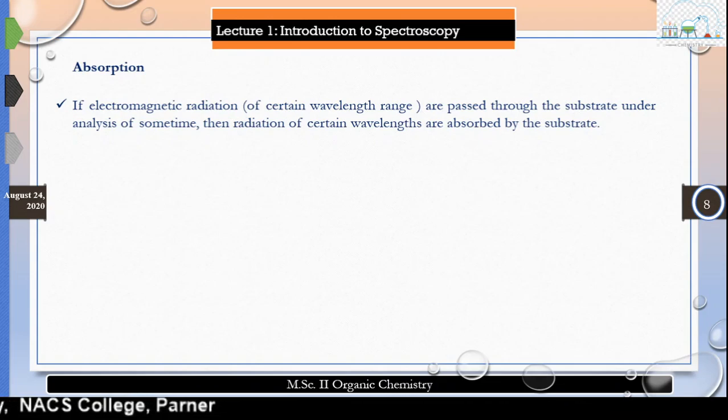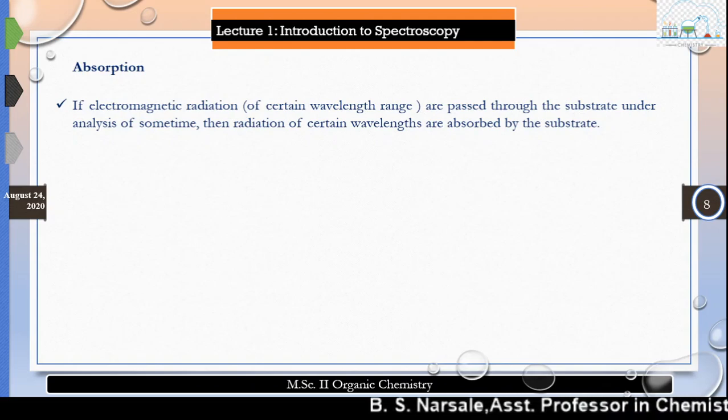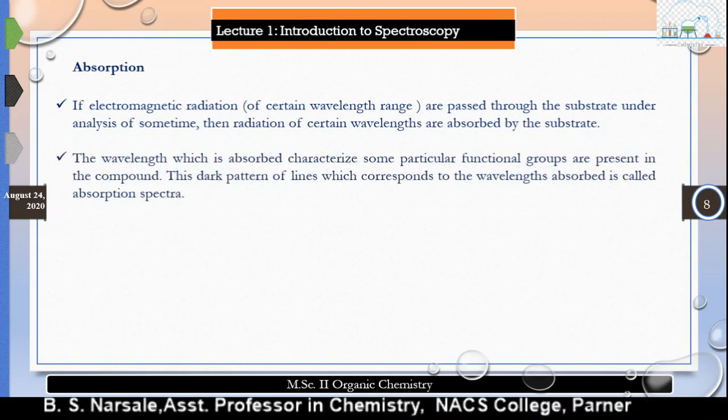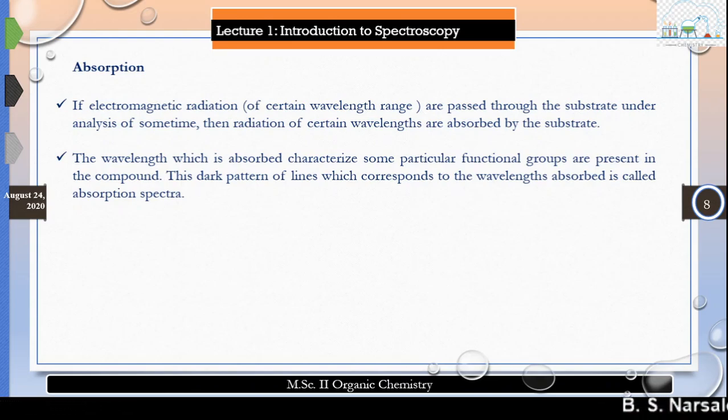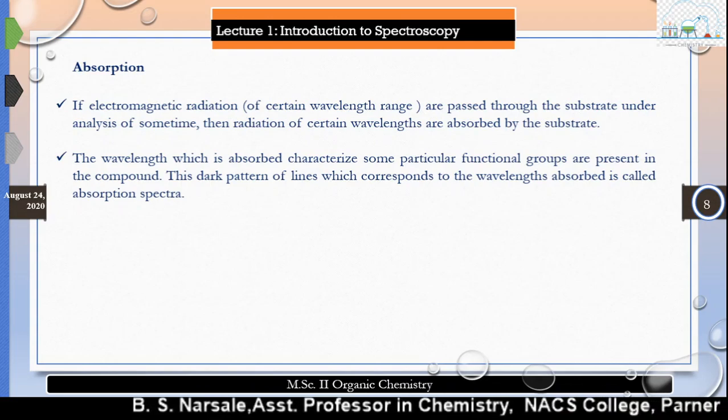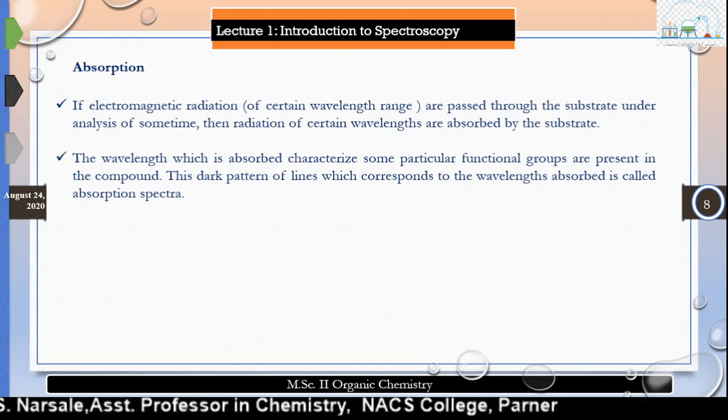Then we look at how much energy of that certain wavelength gets absorbed by that substance, so that its characteristics, like which particular functional groups are present in that compound, can be found out. And here we get a dark pattern of lines of the corresponding wavelength.